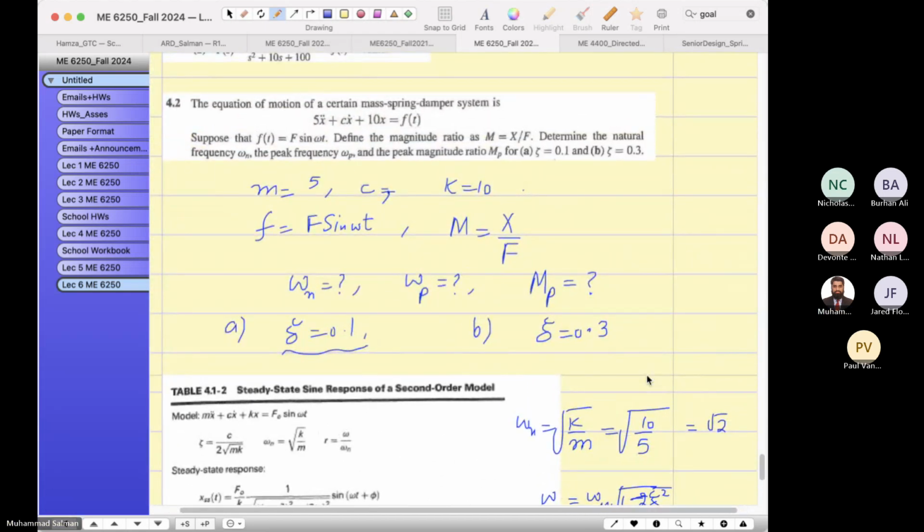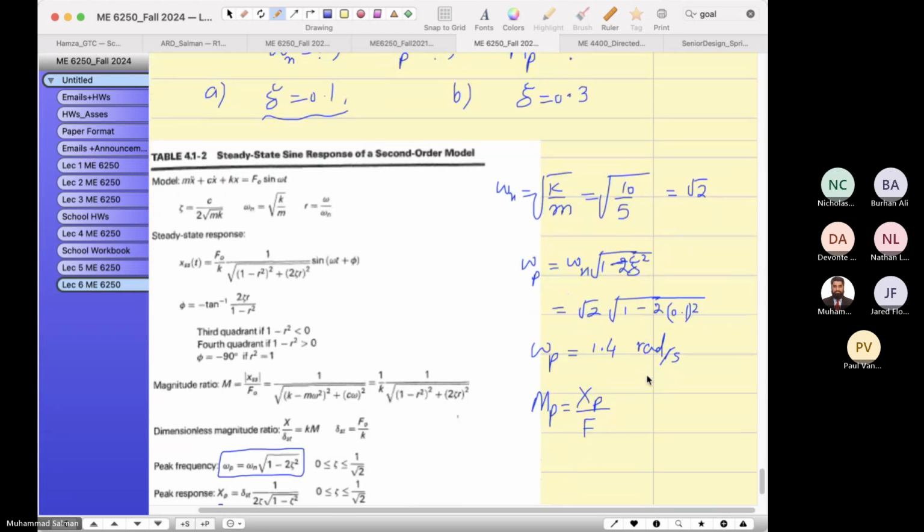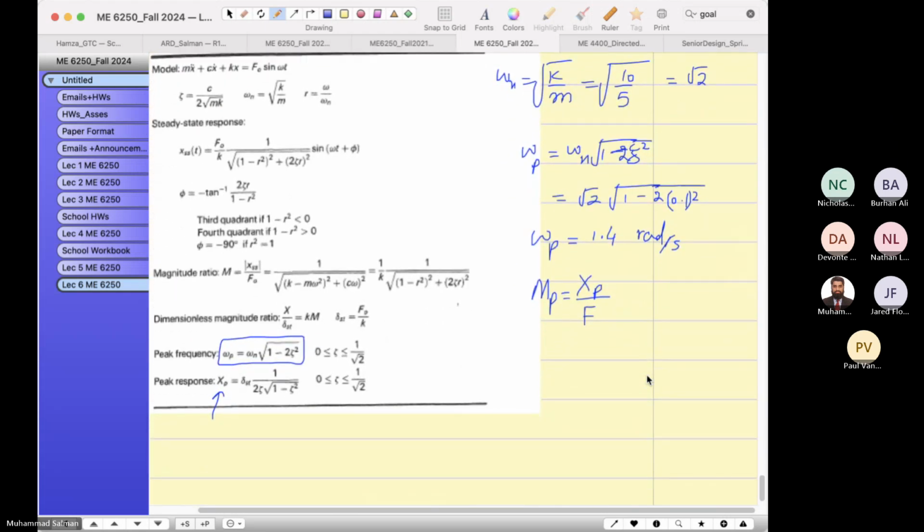So can you find out XP, which is equal to XP over delta ST. This is zeta. Let me rewrite here. This is zeta.